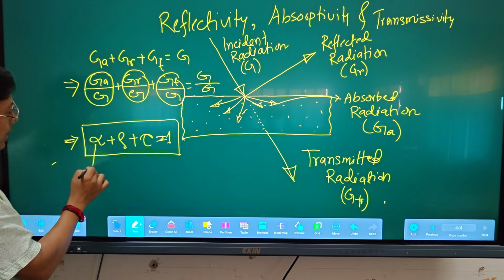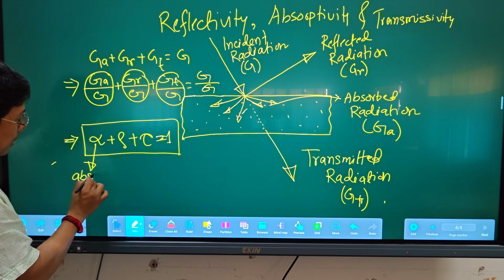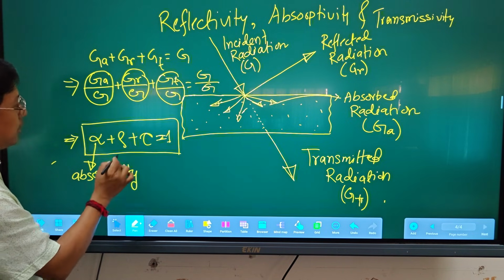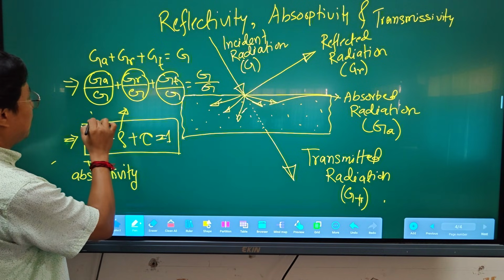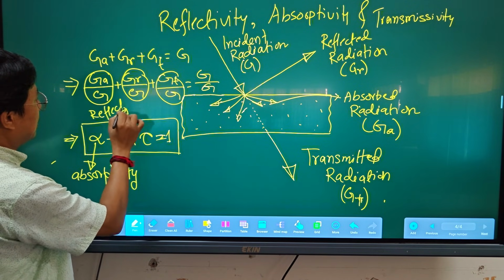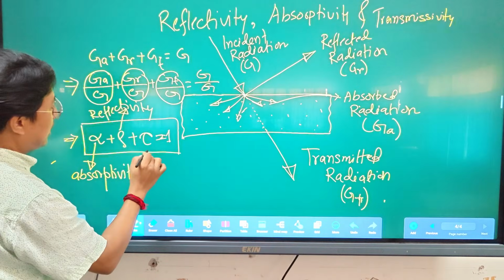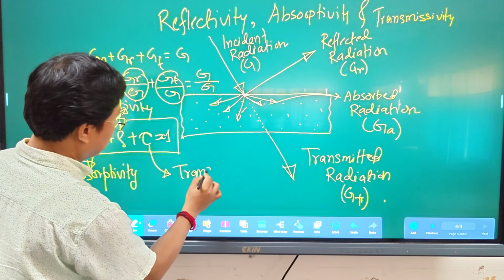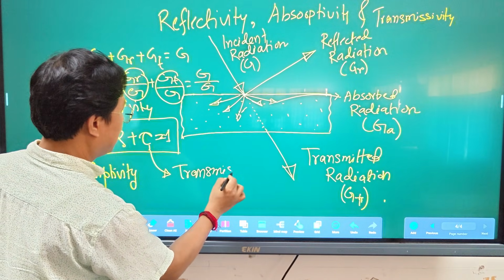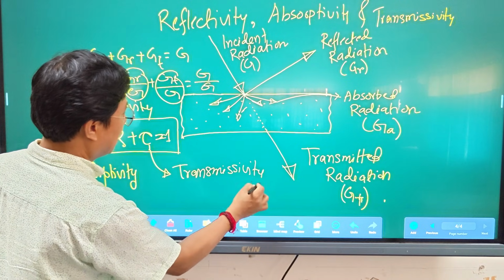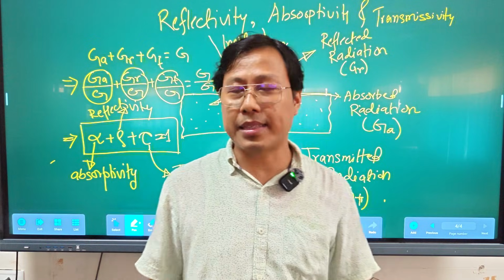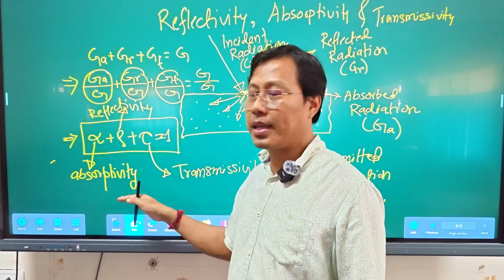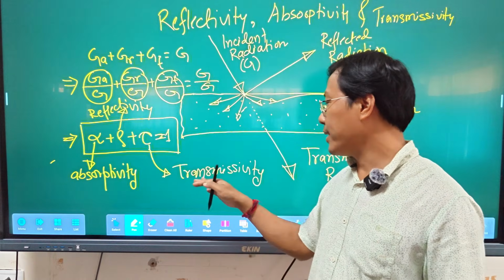This property is called absorptivity, this is called reflectivity, and tau is transmissivity. In this way we get three properties: absorptivity, reflectivity and transmissivity.